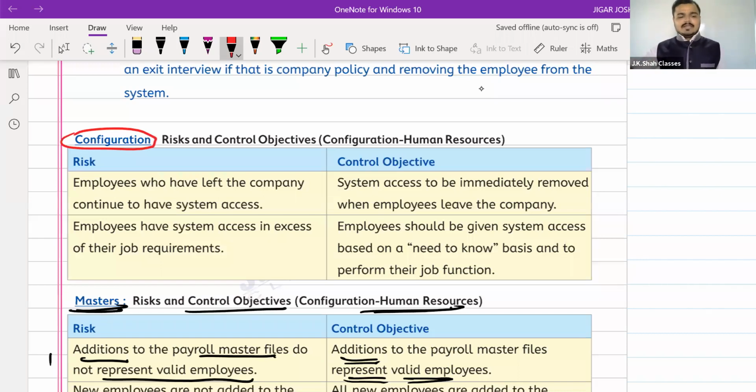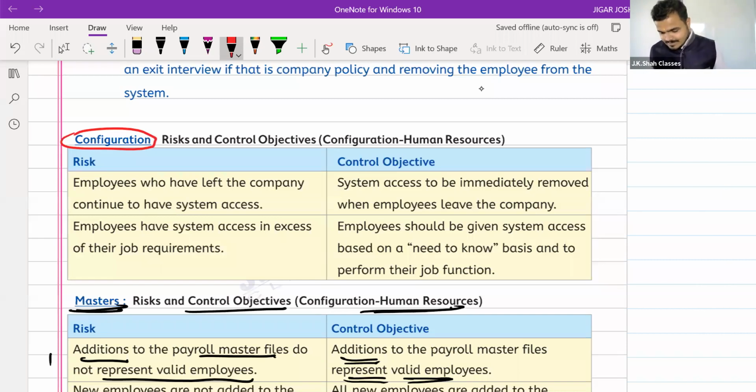Tell me, my dear chartered, if any employee has already left the company, should his access to my computer system continue or should I discontinue? Sir, discontinue. If the access continues, do you think he may conduct fraud? Yes, sir. He may take away the company's data and sell it to somebody or to our competitors.